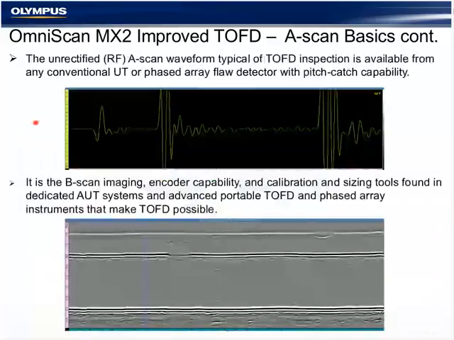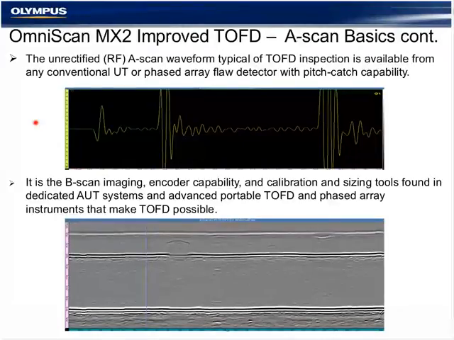TOFD uses an unrectified RF waveform, or A-scan. This A-scan is available from almost every conventional UT flaw detector with pitch catch capability, or two BNC or LEMO connectors. It's very simple in its application.